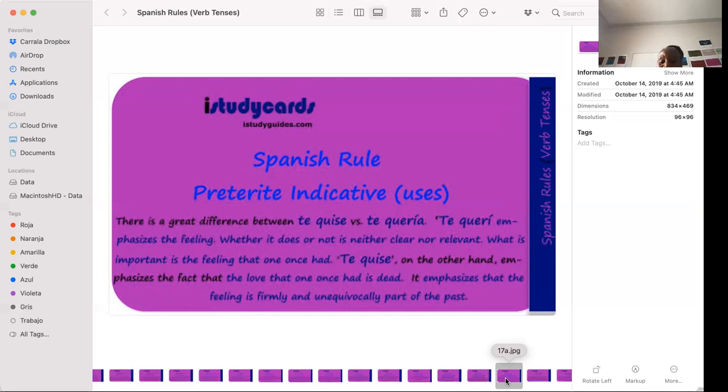So, te quería emphasizes the feeling, whether it does or does not continue is neither clear nor relevant. So when I said te quería, I'm talking about the feeling.